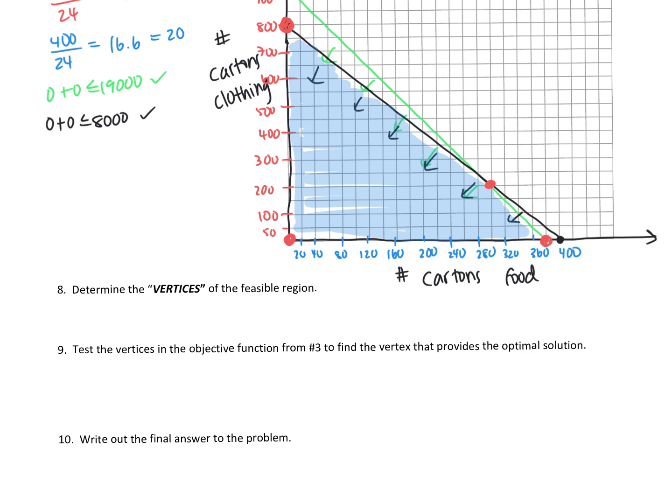I know this has been a long problem. So vertices, that first point is 0, 0. And then if we go to the right, that next point is 380, 0. This point looks like it's about 300, 200. And then this point at the very top is 0, 800.